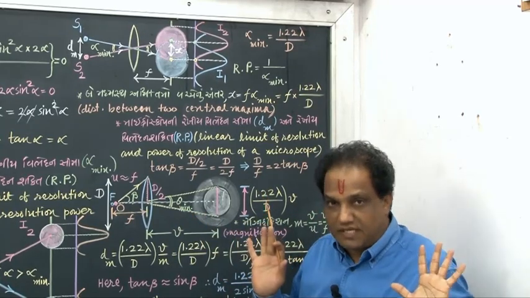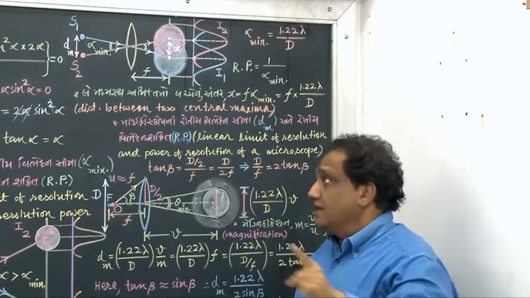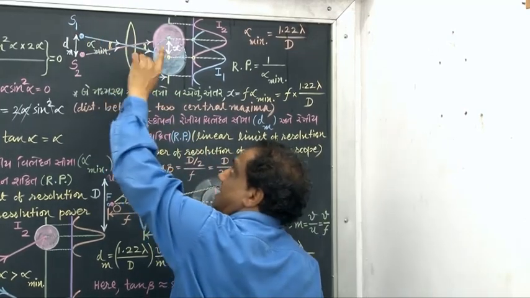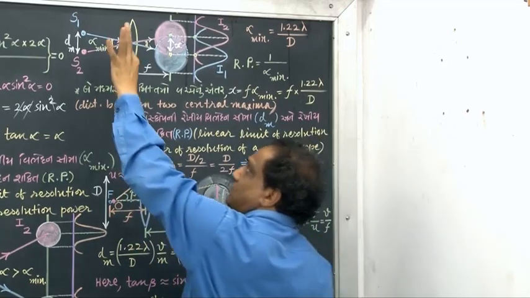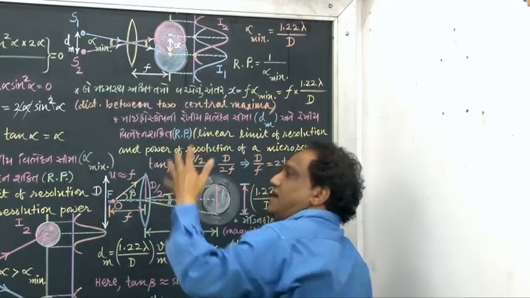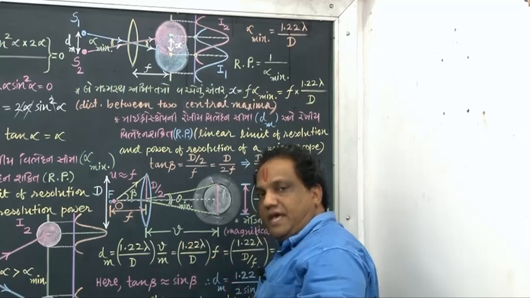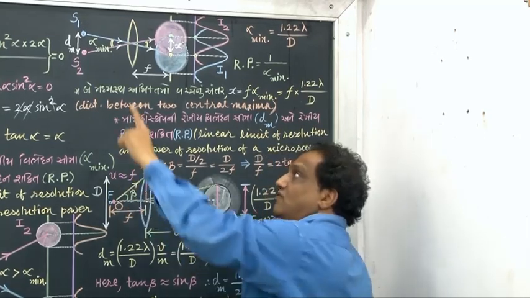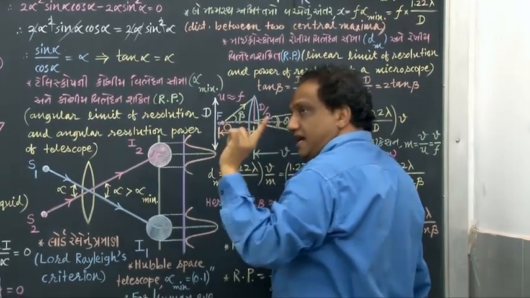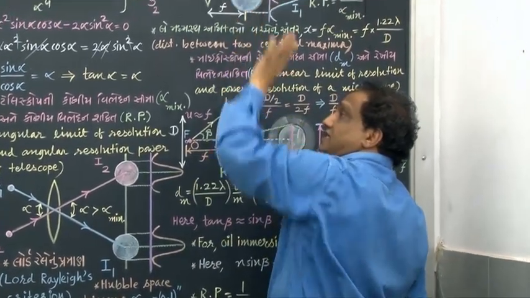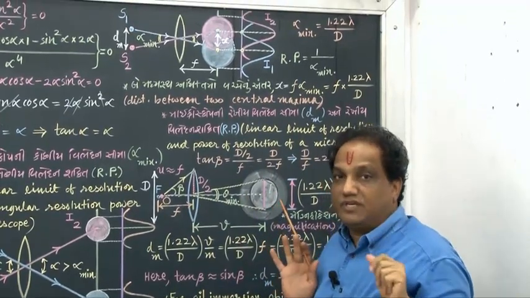Once this situation has arisen, these two images are about to get mixed. Now further, if you reduce this angle, then they will definitely get mixed. Correct? As long as alpha is equal to alpha minimum or alpha is greater than alpha minimum, we say images are separated from each other.